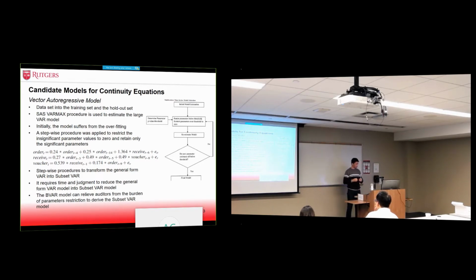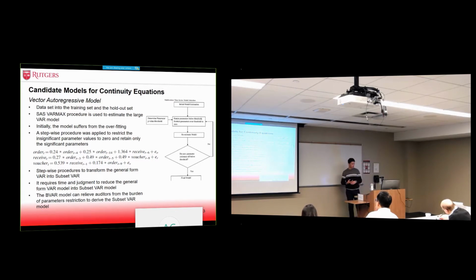So, one problem they mentioned is it requires effort and judgment from auditor to reduce this model from VAR to subset VAR, which can be a little troublesome for auditors.